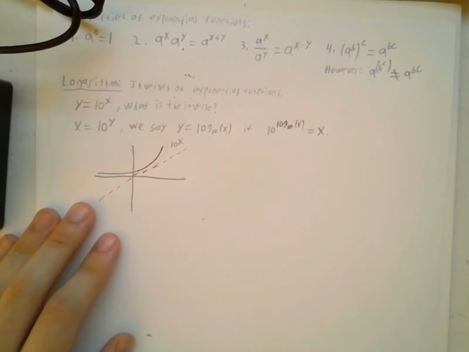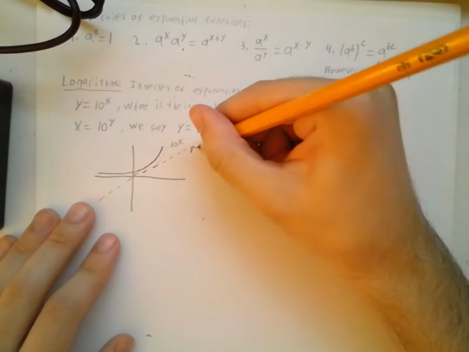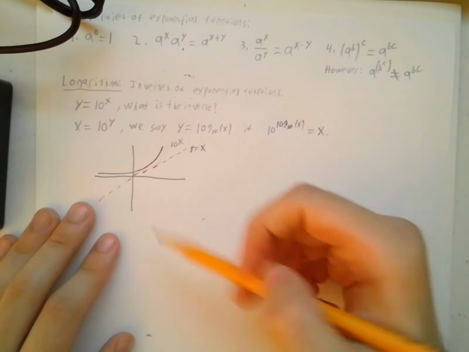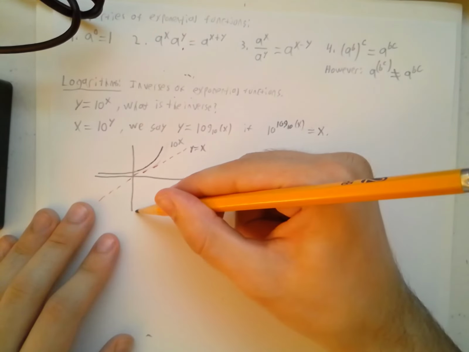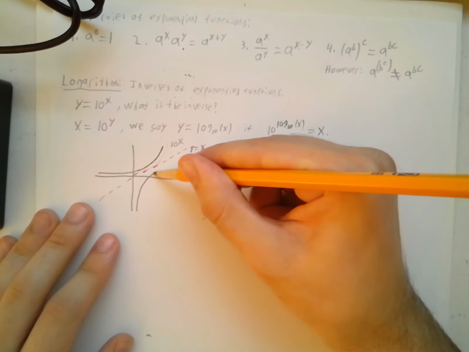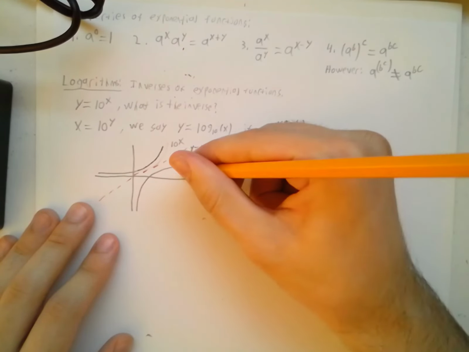Then if we reflect this across that line, we'll get something which looks sort of like this. And this graph down here is y equals log base 10 of x.